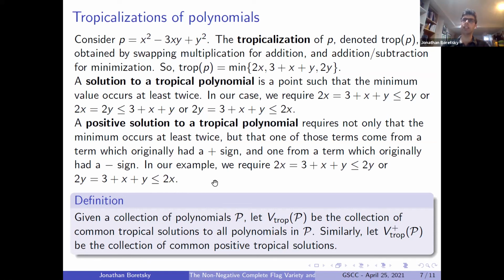And if you look at the non-negative Grassmannian and you look at the support of a point in it, those indices which are not infinite, that support is going to be a positroid. And so these are going to be flags of positroids, and they are flags of positroids that are representable.